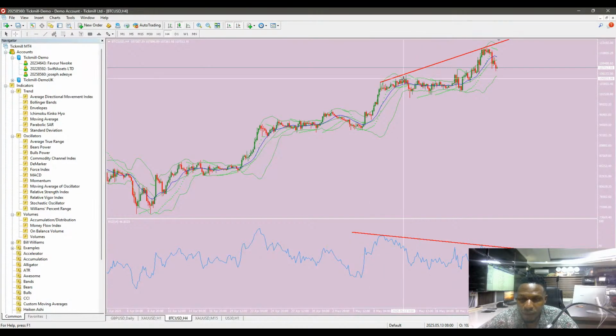Once price is doing such a thing, the divergence will not be a longer one that can cause a change in direction. No, it will just sell for a while. Then price will continue to be bullish. Price will continue to push higher and higher. So that's divergence. That's H4.